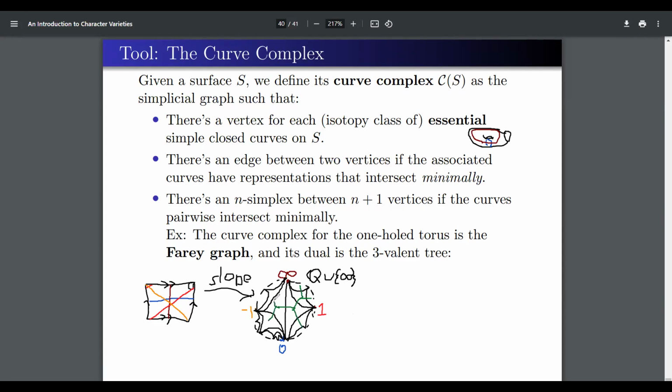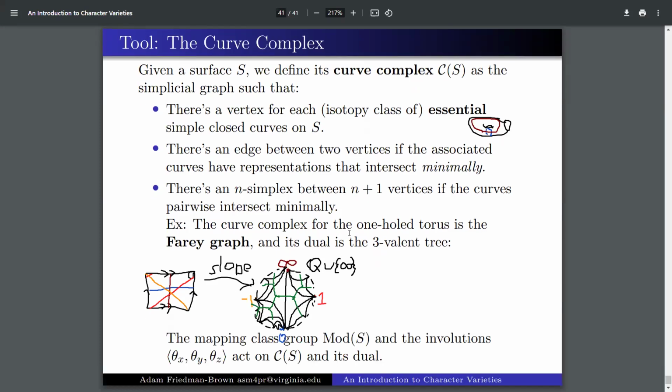And what we get here is the 3-valent tree, a tree where each vertex has exactly 3 edges protruding from it, going on into infinity towards Q plus infinity. And then also notice that each vertex on the Farey graph becomes an infinite-sided polygon, which is quite interesting.